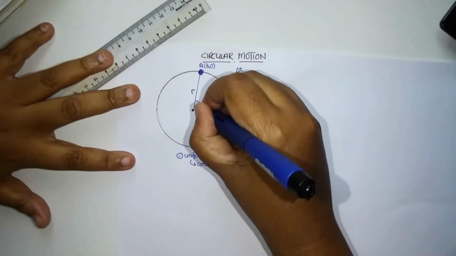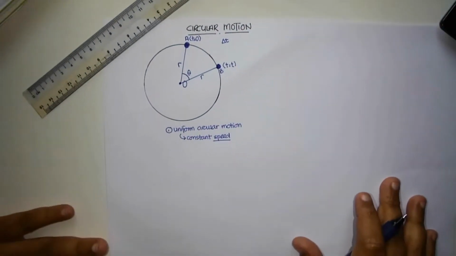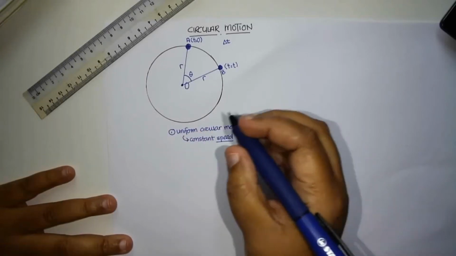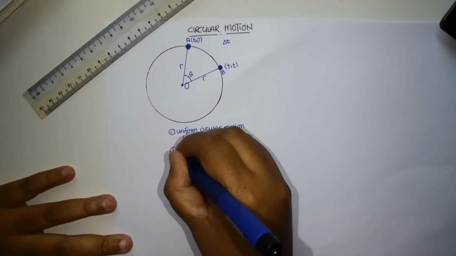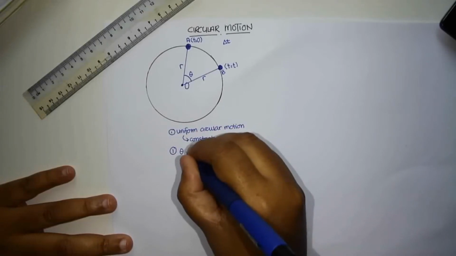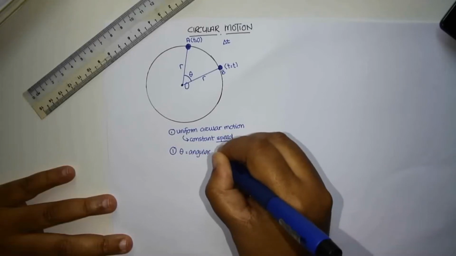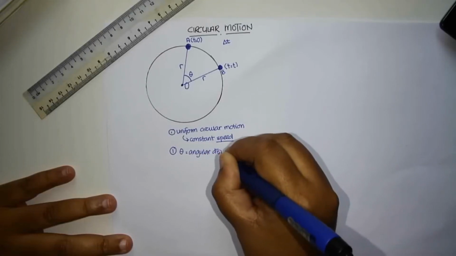This angle is called theta. Now this angle, the first quantity, this theta is called angular displacement.